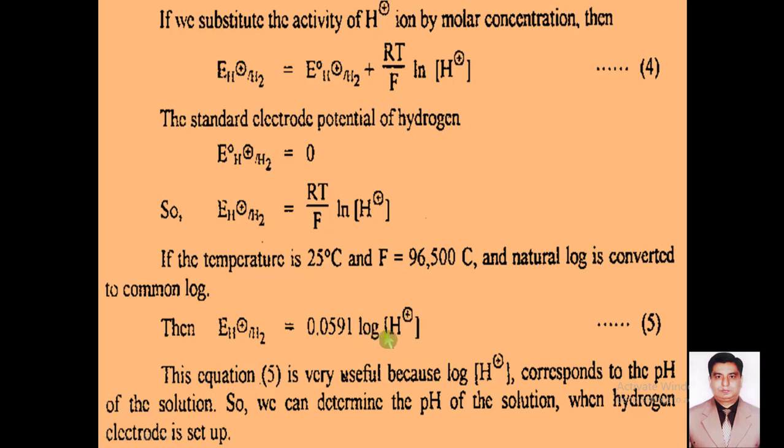According to the chemistry point of view, this is called pH, because pH is the negative log of the hydrogen ion concentration, or logarithm of the reciprocal of hydrogen ion concentration. So this equation 5 describes that electrode potential and pH of the cell are mathematically related with each other.